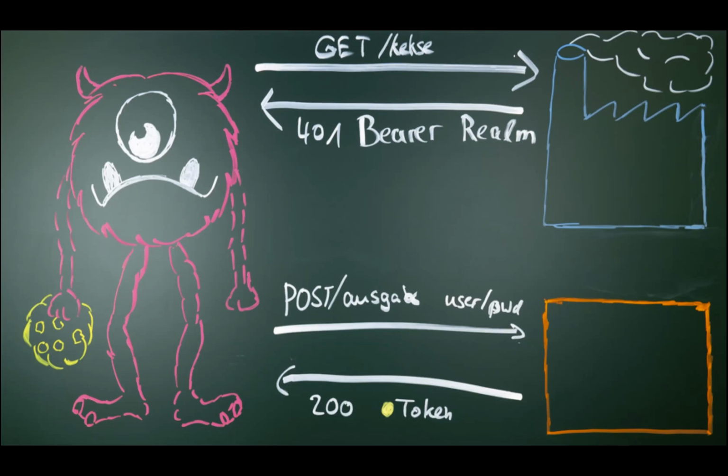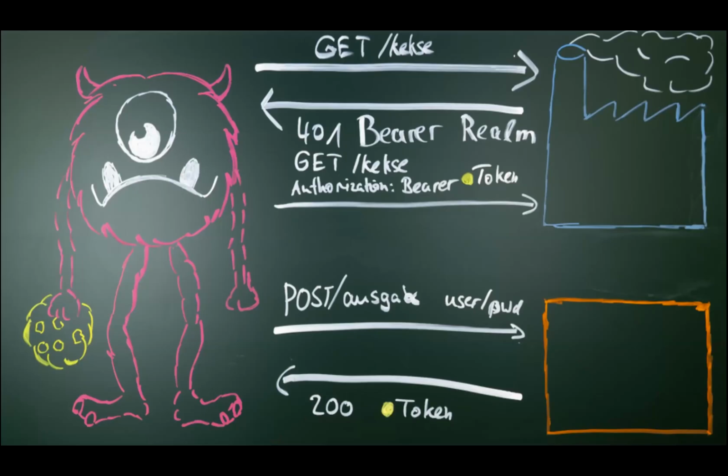So you can then, in the next step, send an authorization header, and this token is called a bearer token, which is something in German like a Stellvertreter token or proxy token that identifies you. And then you can use the token as a replacement for your password to get the information. So why is the token better than a password?